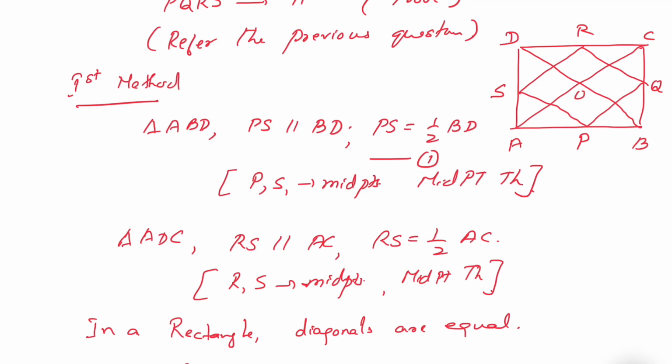Here PS is equal to half of BD, which means BD is equal to 2 PS. And here AC equal to 2 RS. So here you will write AC is equal to 2 RS, equal to BD which is 2 PS.